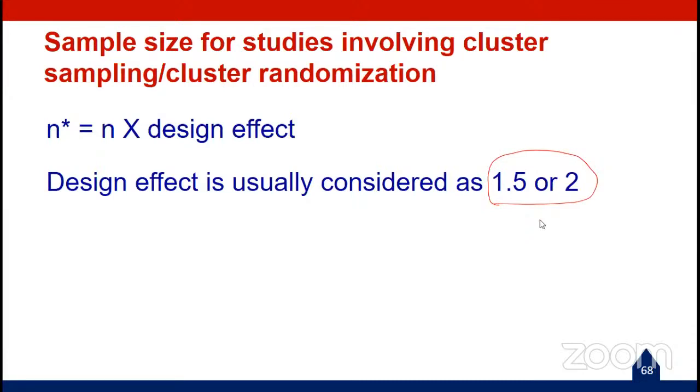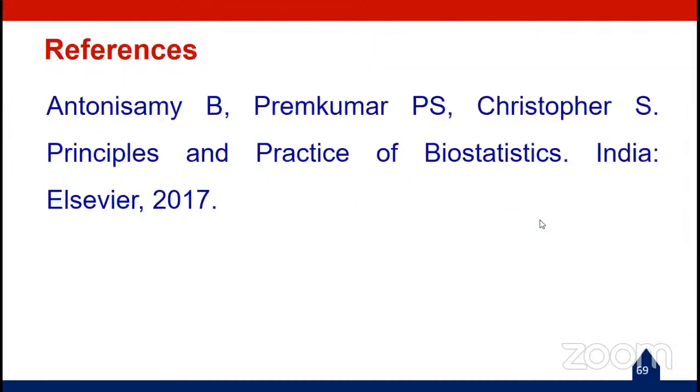After you collect the data and do the analysis, it might give you a false significance because the variability will be less. To prevent this, you increase the sample size by 1.5 or 2 if your study involves cluster sampling or cluster randomization.